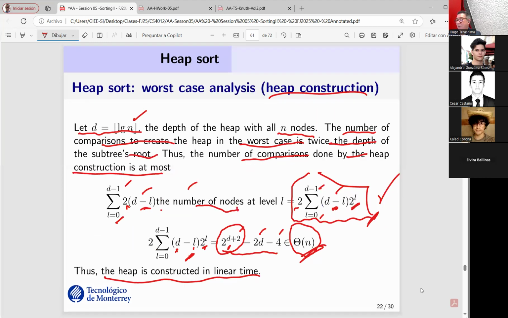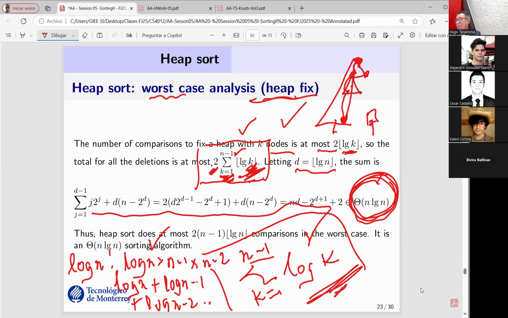So take a look at the construction, and take a look at the heap fix. This expression is similar to log of n factorial, and when you see log of n factorial, I know that that is n log n. Clear enough?